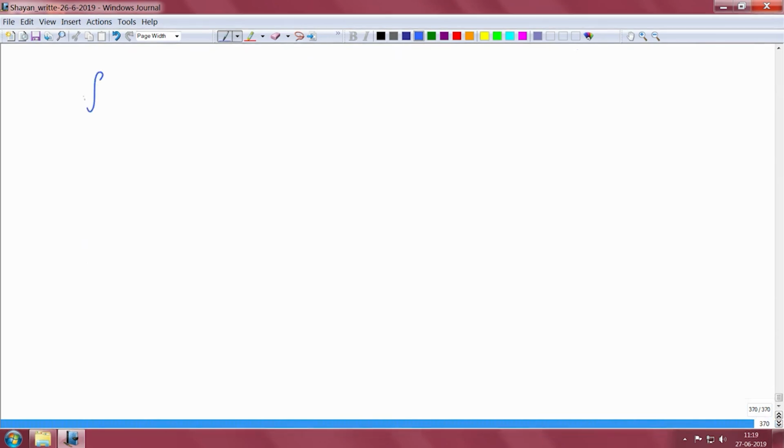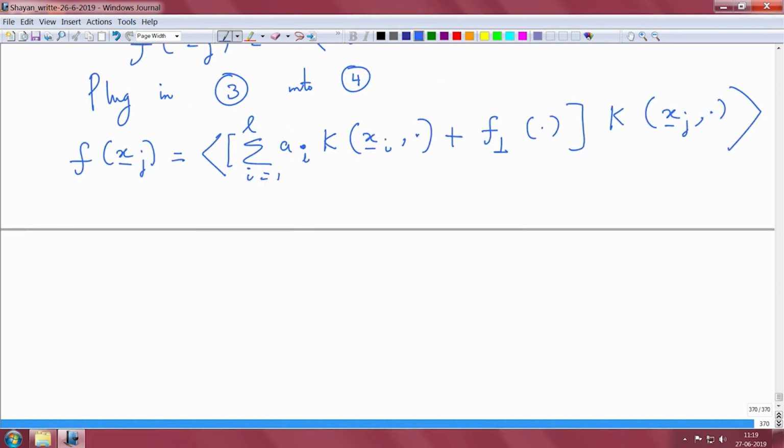I simplify f of xj, which is the inner product, summation i equals 1 to L, ai kernel acting on xi dot. I think you have to pay attention to the way I have written it down here.